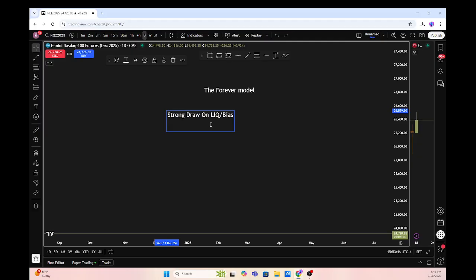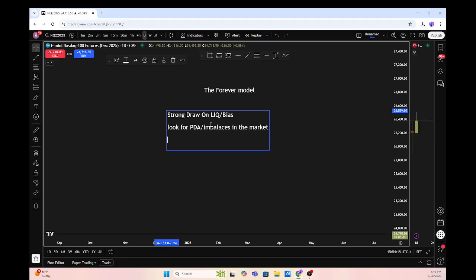Second thing that you want when you're trading the forever model is you want to look for PD arrays or imbalances in the market, right?